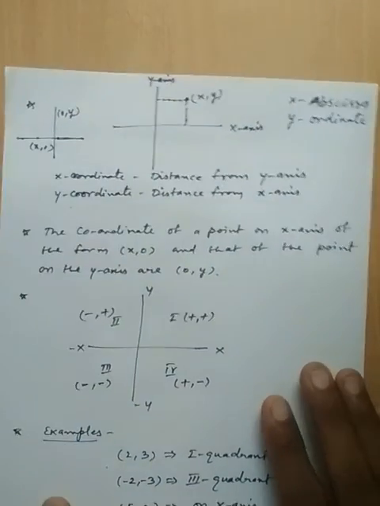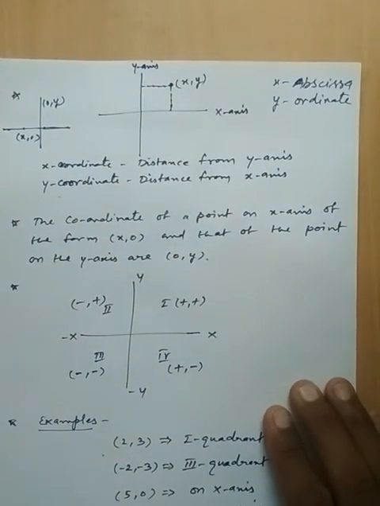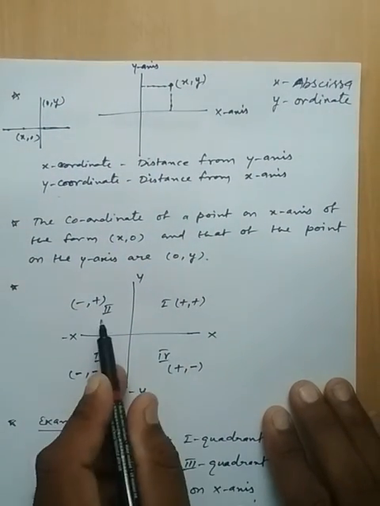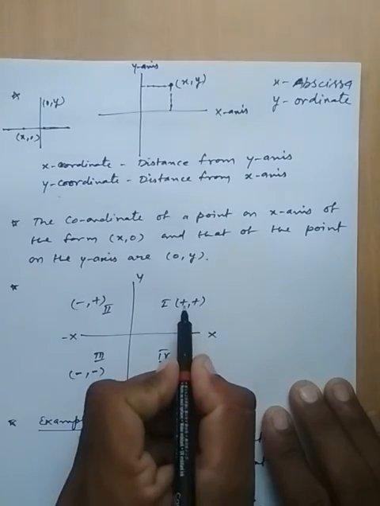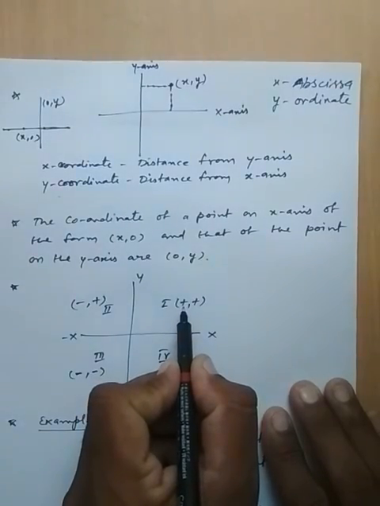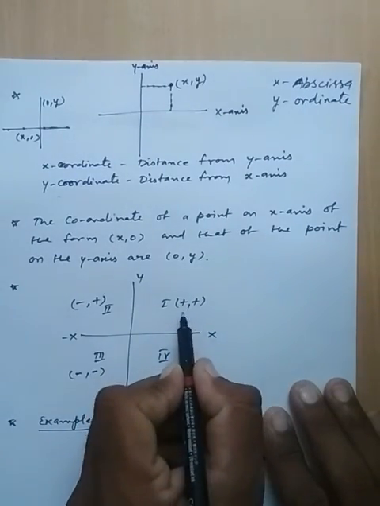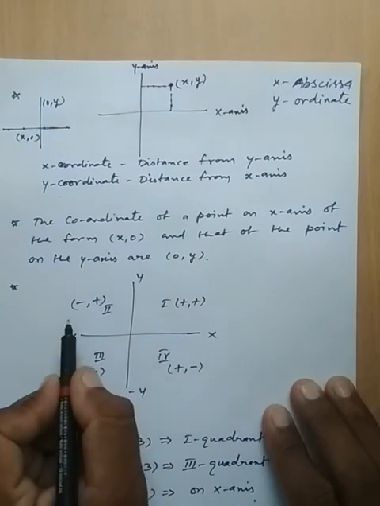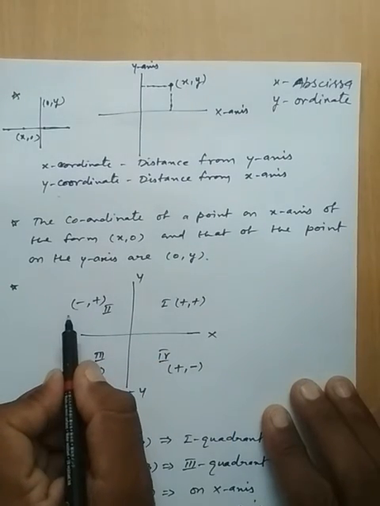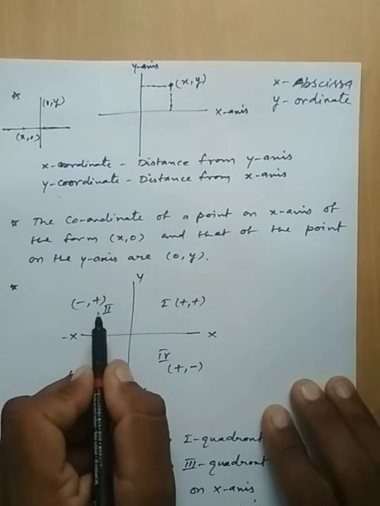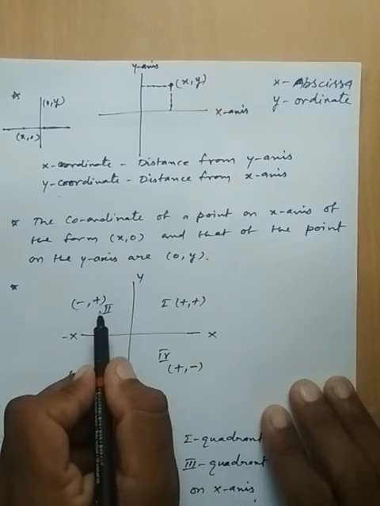Next thing, for finding the position of a point in a quadrant, this is helpful. In the first quadrant, x coordinate and y coordinate both are positive. In the second, x coordinate is negative and y coordinate is positive.